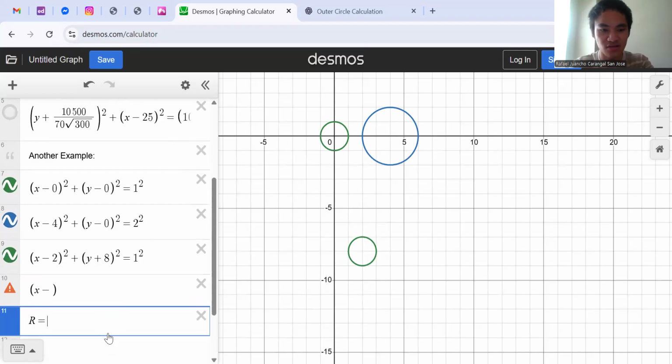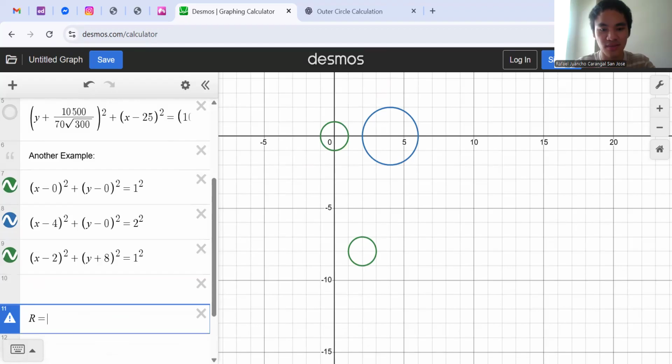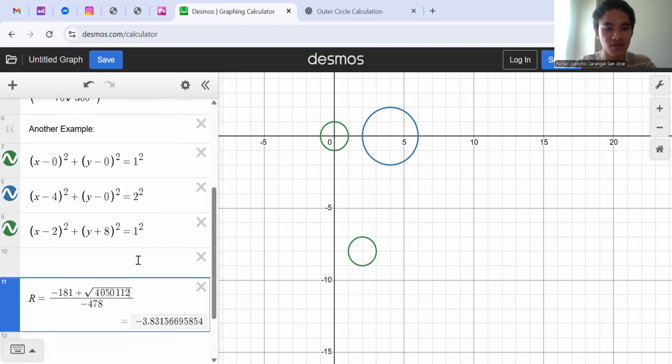What if I do like r equals? If I do this, r is equal to this. Let me try that. This is -20. Let me put it at the top just to be super, super sure. This is -478. And this one's plus. Can you do like a plus minus or no? And this is square root. Already simplified it. 4050,112. Yeah, and I get this negative value, right?